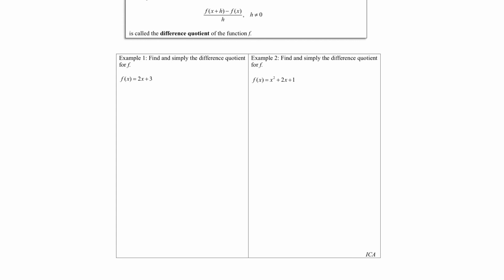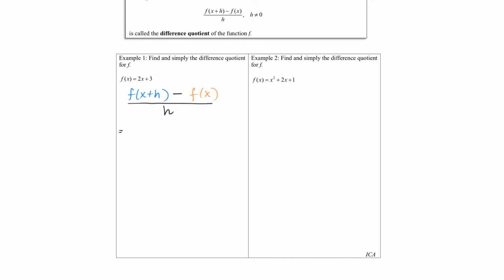So I'm going to go ahead and write the difference quotient, and I'm going to use two different colors. F of x plus h minus f of x, all divided by h. So remember that f of x plus h is simply following the rule for f, plugging in x plus h in the spot where the input goes, right?